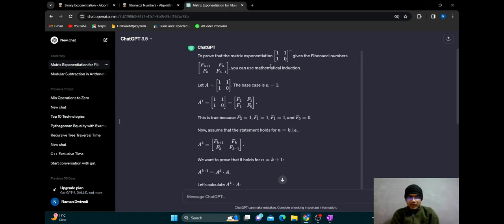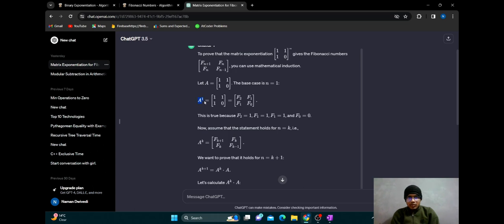Let's put n equal to 1. So A^1 equals [[1, 1], [1, 0]], and if you raise it to the power 1, the matrix is like this: f2, f1, f1, f0. It is indeed true, because f2 equals 1, f1 equals 1, f1 is also 1, f0 equals 0.